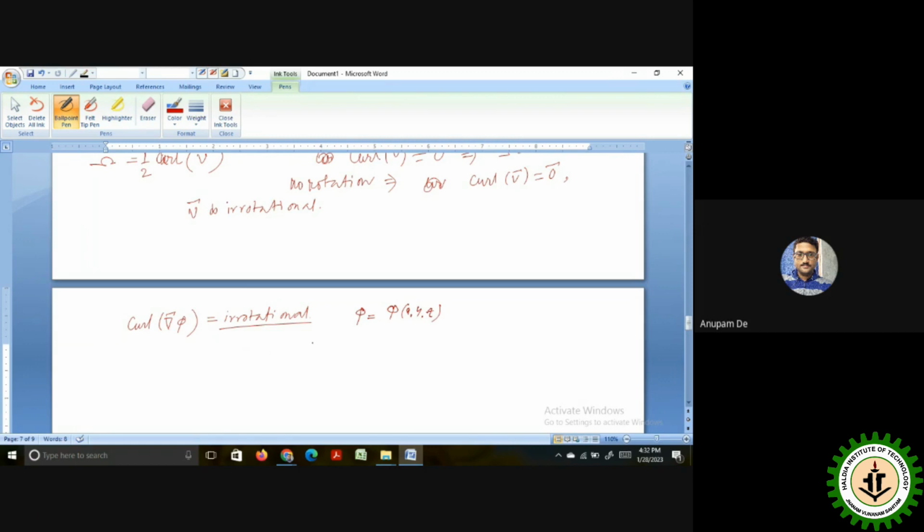Now whenever you will be finding grad phi, what will you get? del/del x of i plus del/del y of j plus del/del z of k operating on phi, that is del phi/del x i plus del phi/del y j plus del phi/del z k.